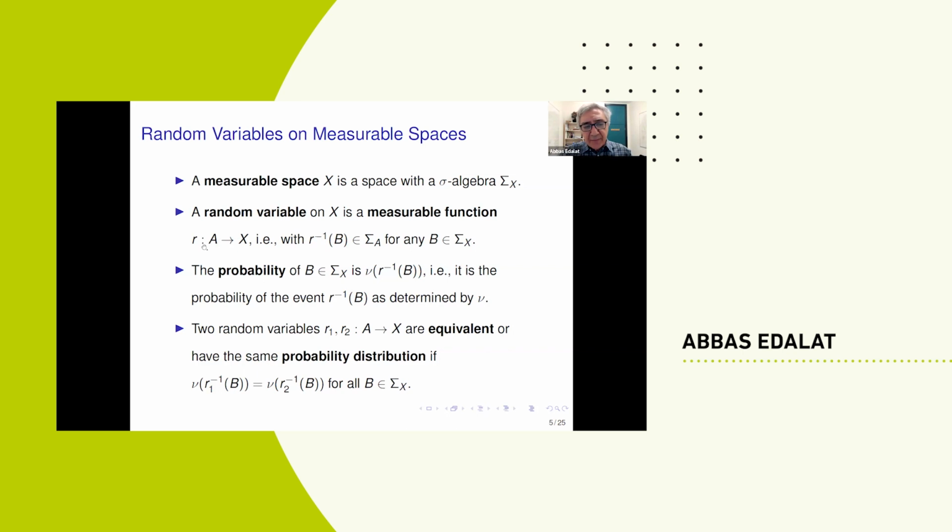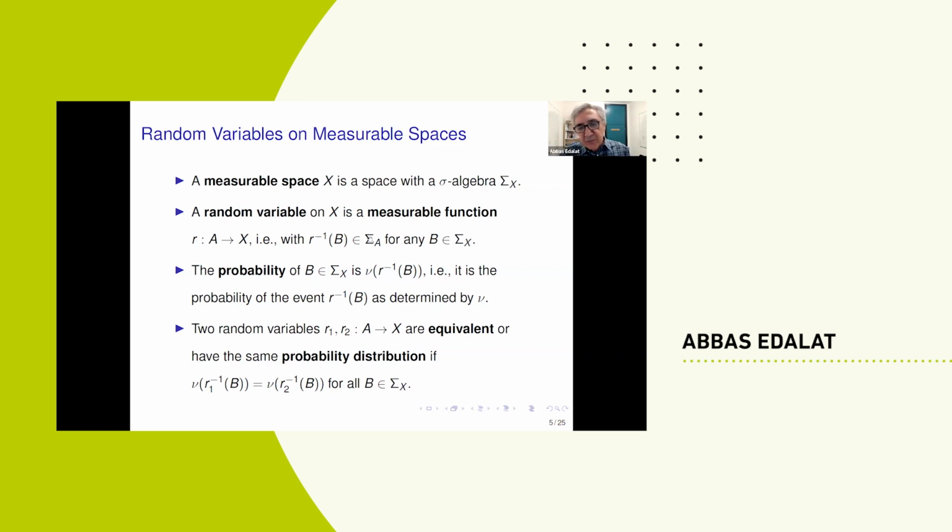So we have a map from sample space into our measurable space X, such that the pre-image of any event is an event. So the pre-image of any distinguished subset of X, which are called the measurable sets or events, is an event in the probability space.